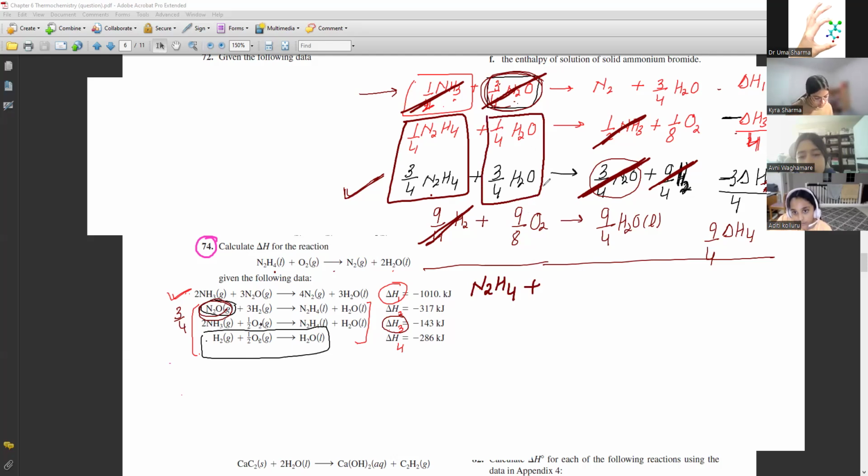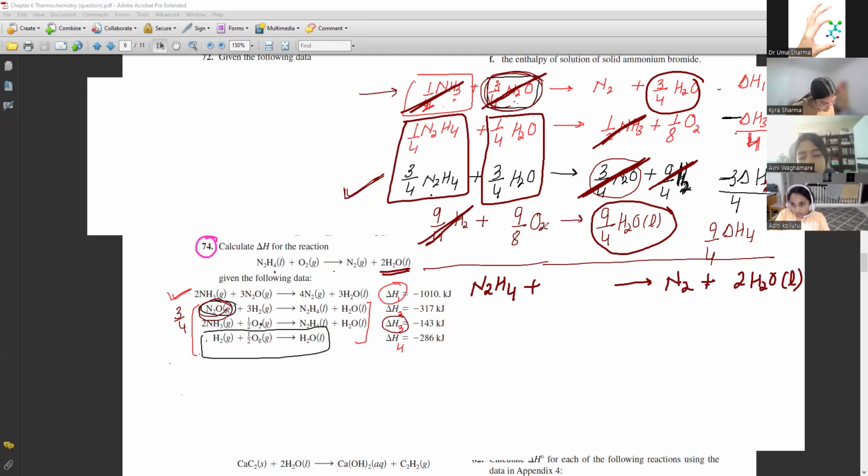Also one. And how much on this side? 3. So 3 minus 1, 2. I have 2, I need 2 water. See, 2 water. Now N2 as such.